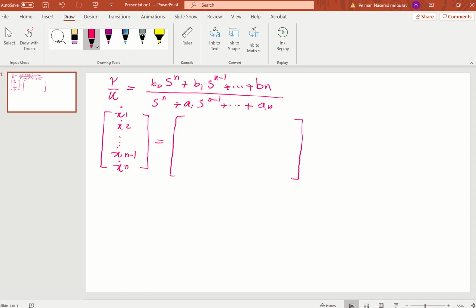So it is 0, 0, 1 and 0, and so on, with the last row ending in 1.